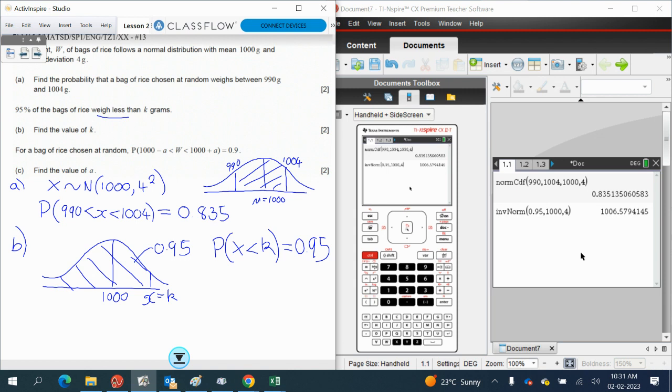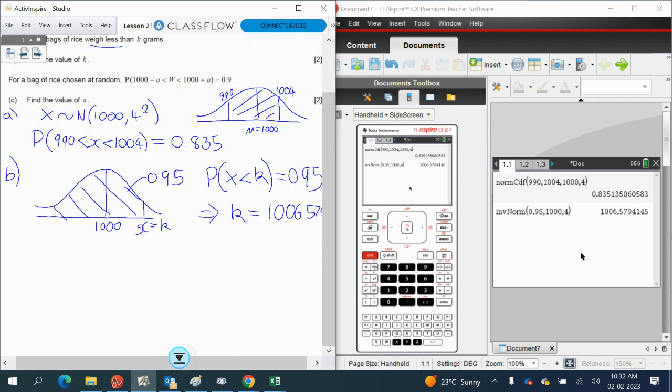So this implies that k is equal to, and I'm going to quote quite a few digits on that one.